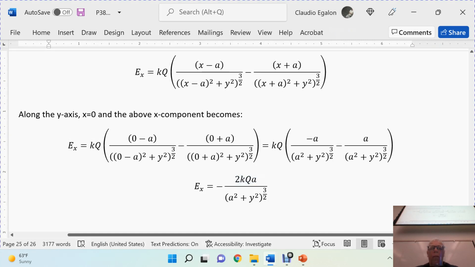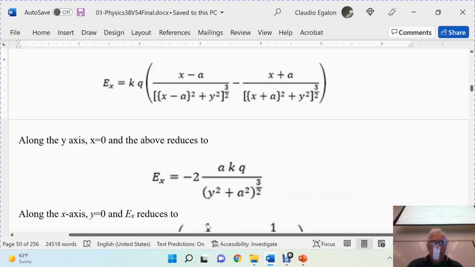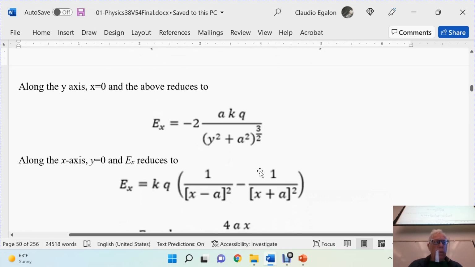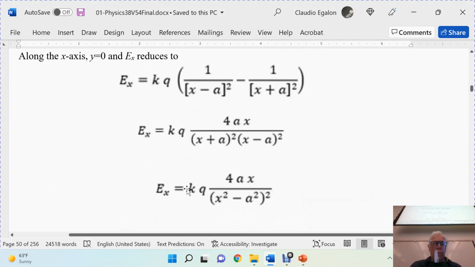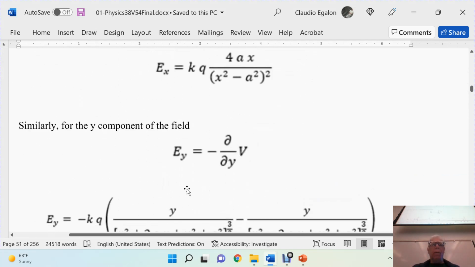Okay, can we compare that with what we got before? We can do along the x-axis as well if you want, okay? So let's stop here. And then you can do for the y component as well.